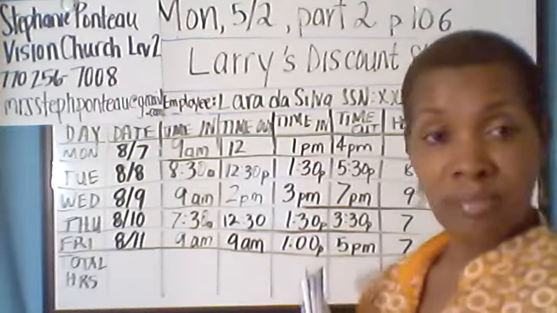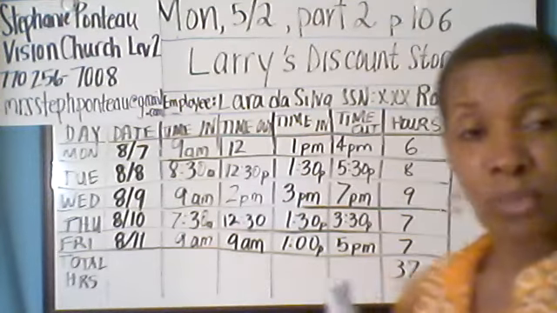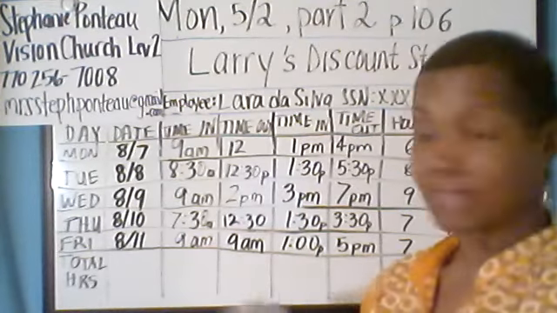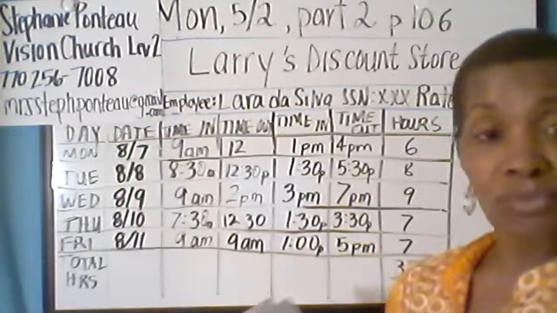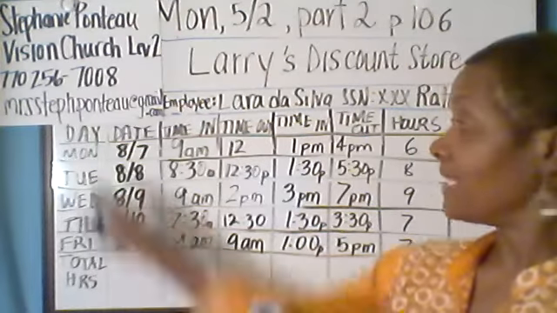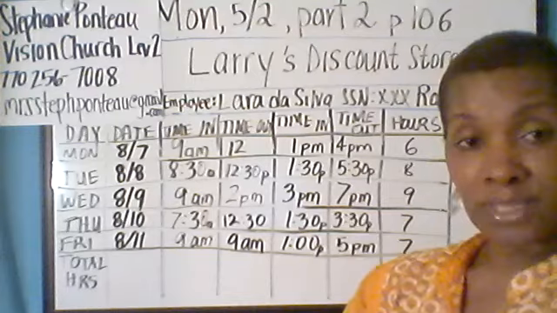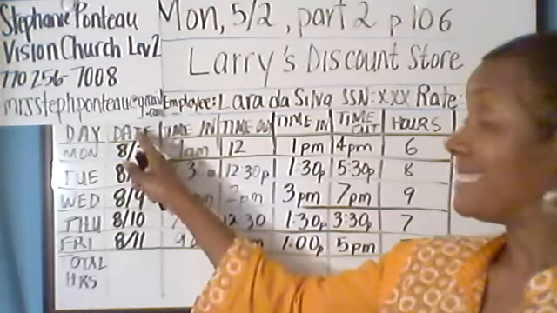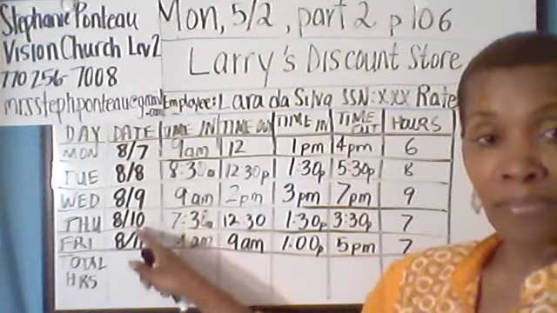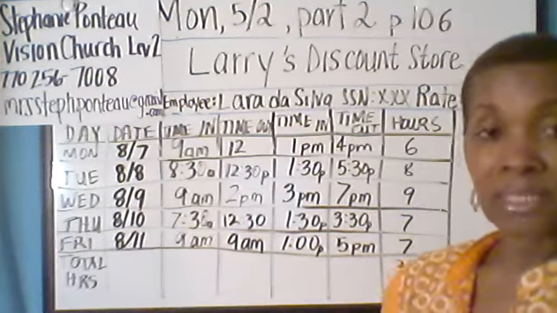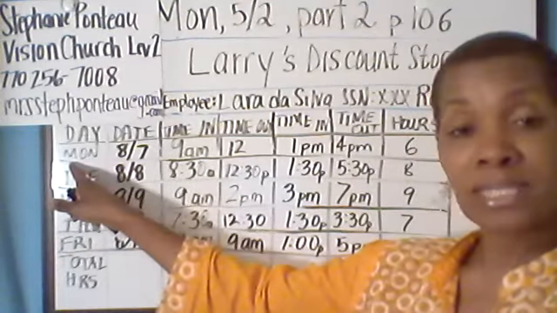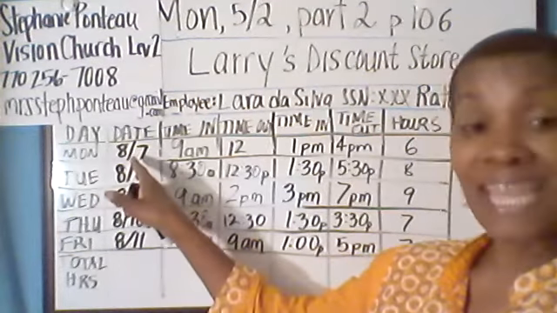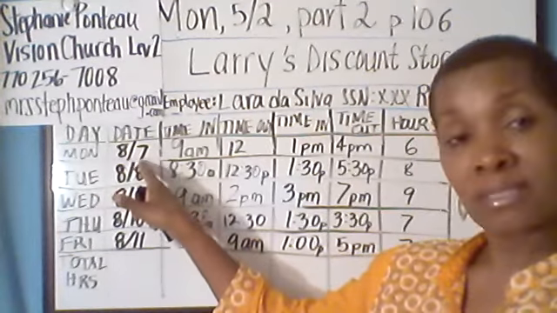Oh, and this is just something that I wanted to point out for you. When we're talking about days, you got day and date. So just make note of that. The day is Monday, Tuesday, Wednesday, Thursday, Friday, and the date is the month and day, like the number of the day for that month. So the day is Monday, the date is August 7th.